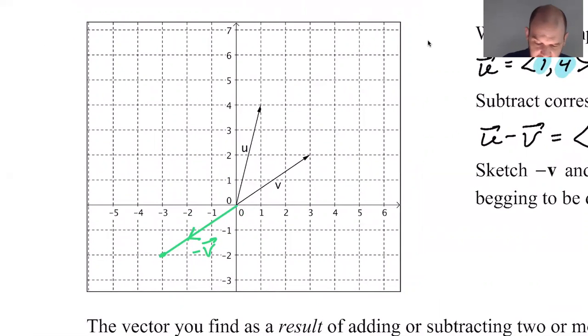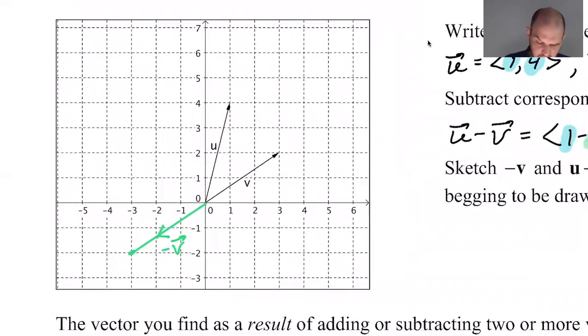Now think about what we're doing. I give you a piece of information: move the vector u, which is 1 unit over and 4 units up. That puts you here. That's your first move, so now you're sitting at 1, 4.